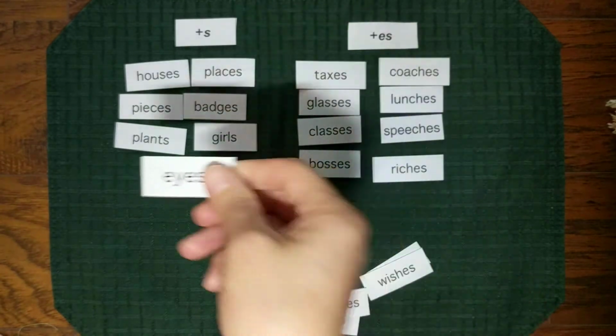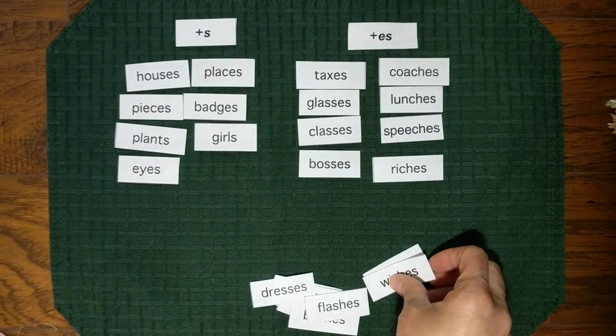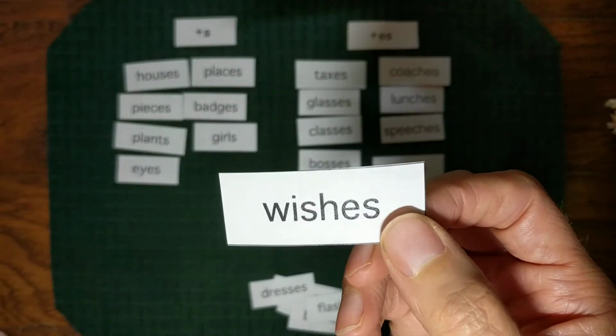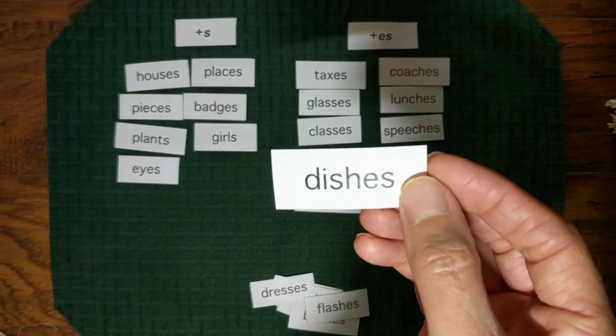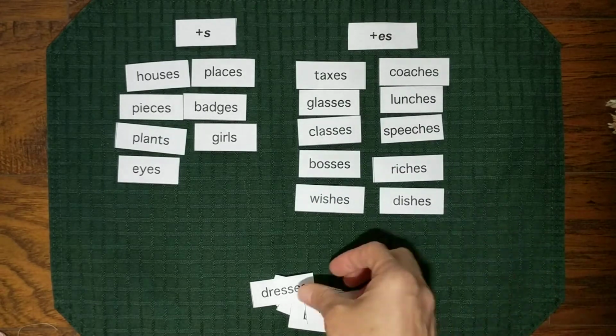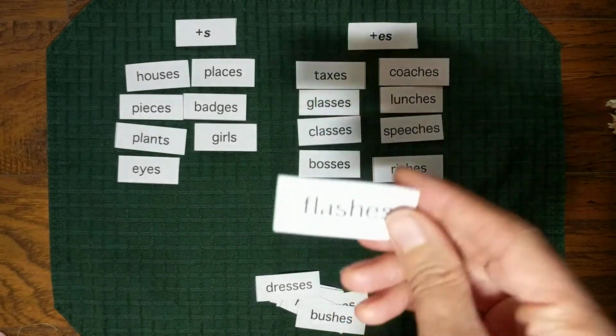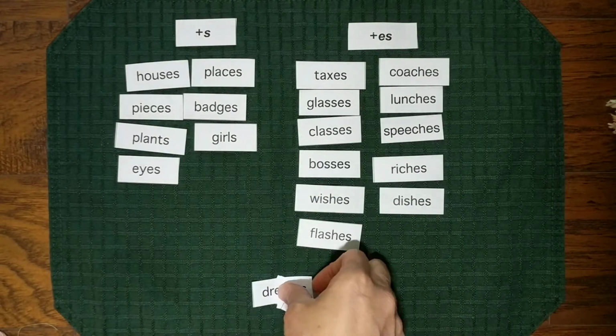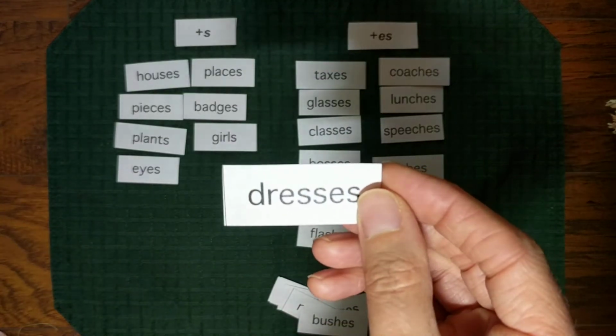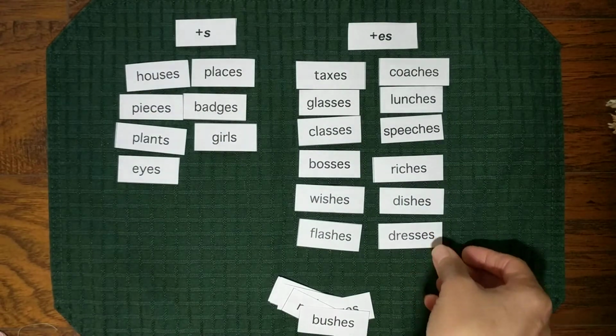Eyes, they added an S. Wishes, I see an ES. Dishes, I also see an ES. Flashes, ES. Dresses, ES.